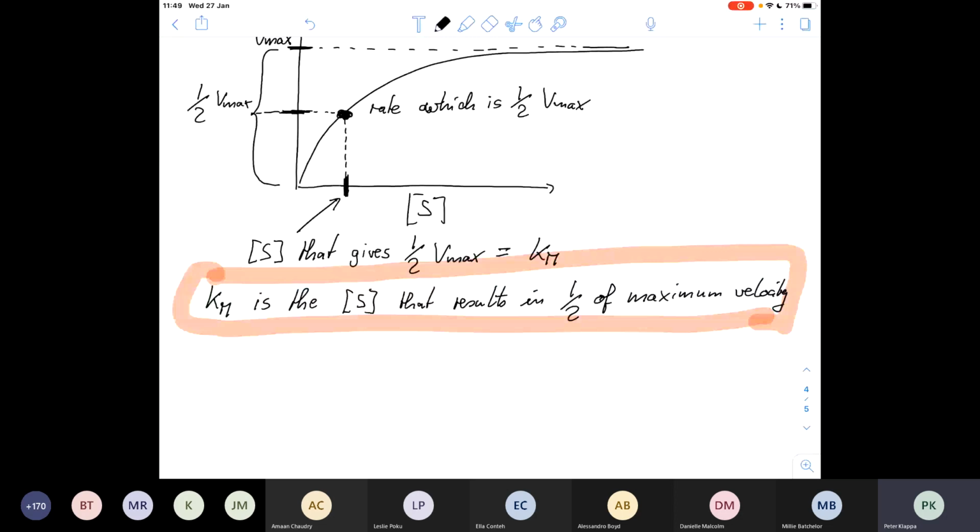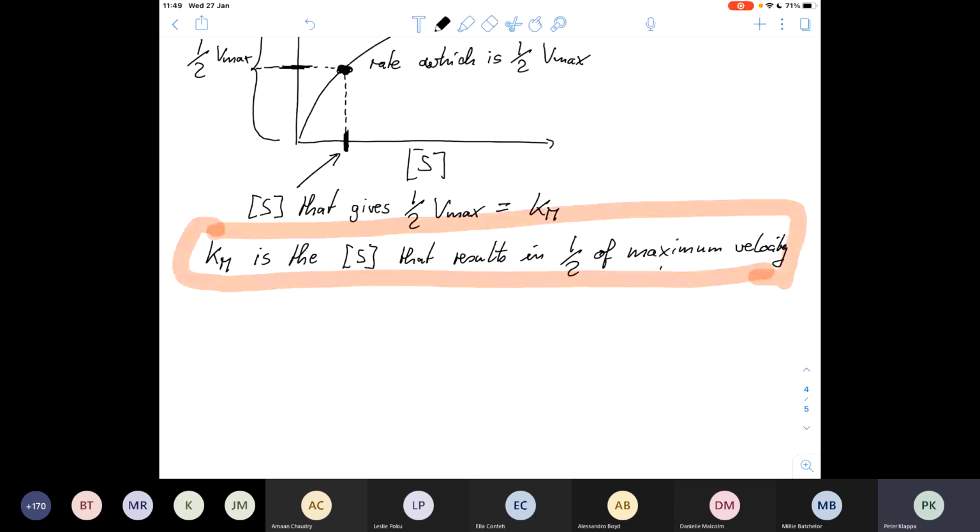It is the substrate concentration that results in half maximum velocity. So I can write this also as Vmax. Km is the substrate concentration where we have half of Vmax.